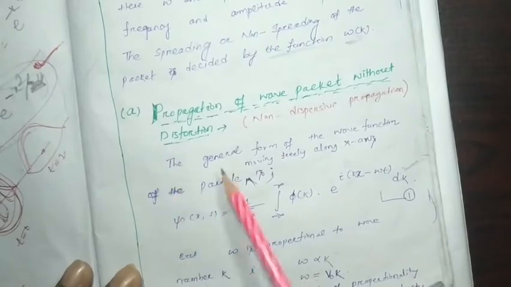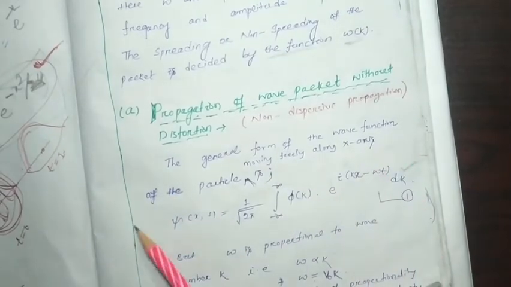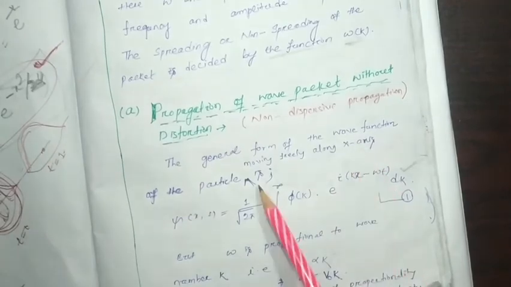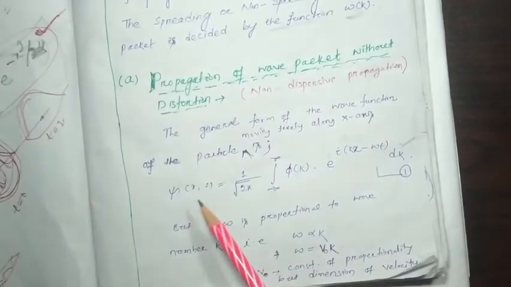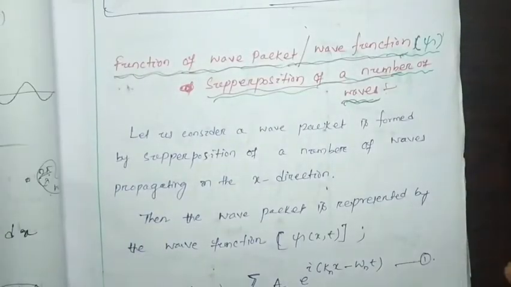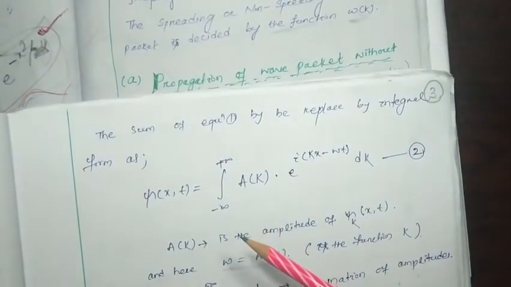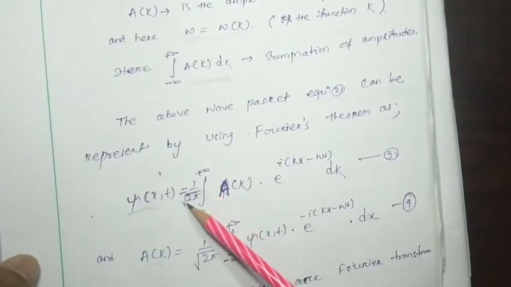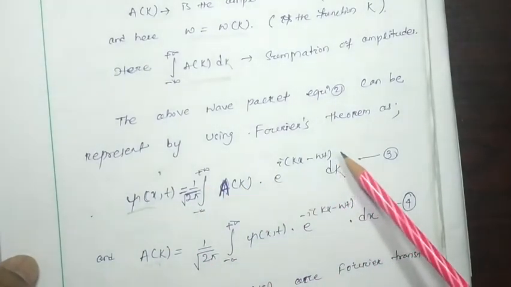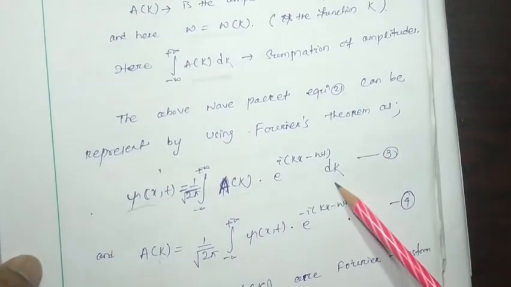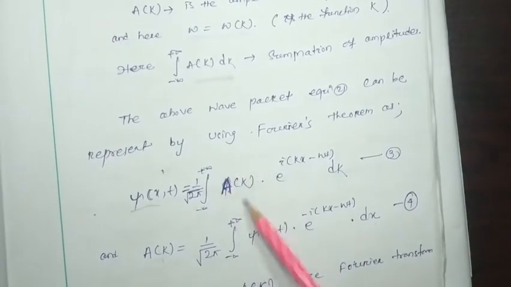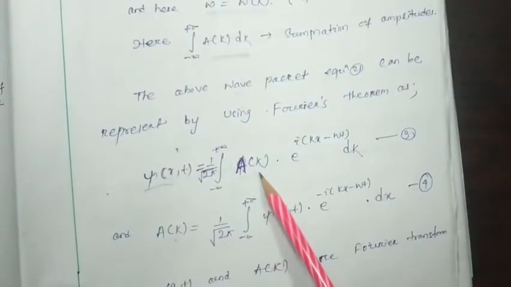In general form, the wave function of a particle moving freely along the x-axis is, from the beginning of our discussion of quantum mechanics, psi(x,t) equals 1 by root 2 pi integral A(k) e to the i(kx minus omega t) dk. You can check your notes. Here, instead of A(k), the so-called amplitude, it is written as phi(k).